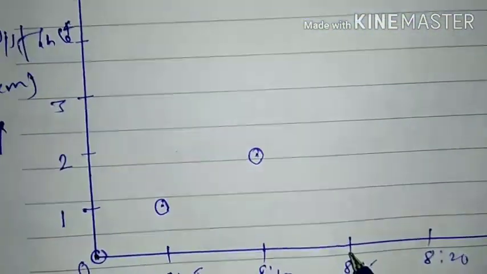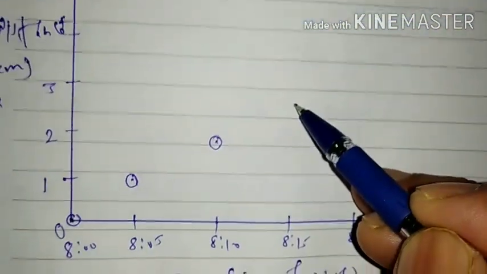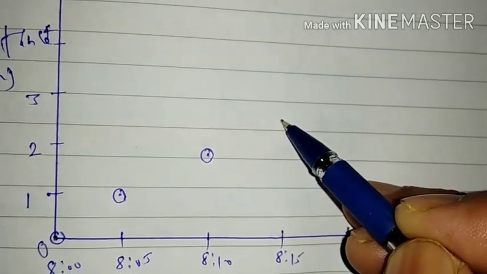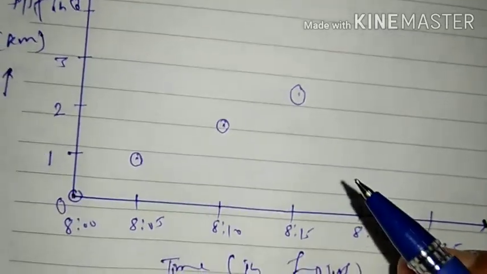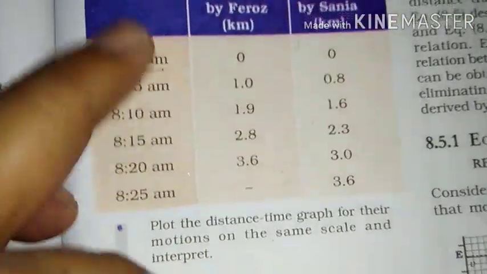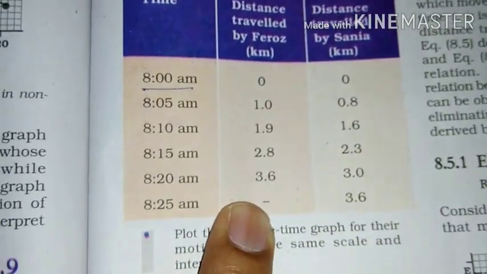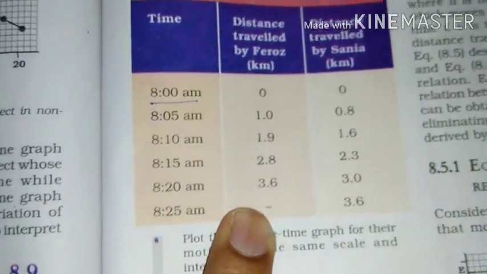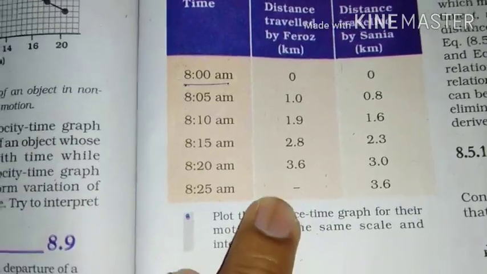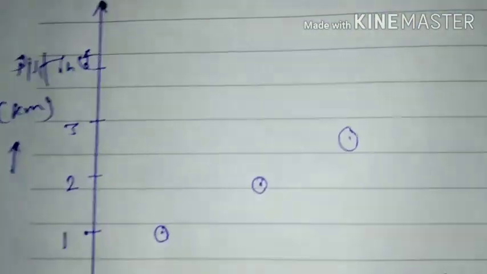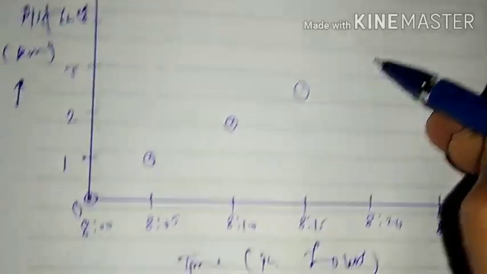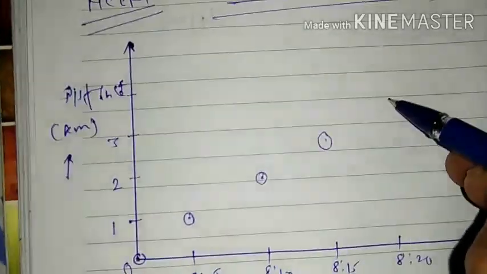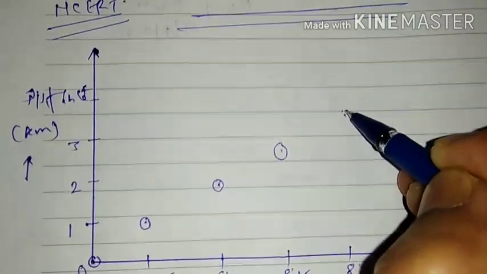So at 8:15, this is 3, so just below 3, it may be 2.8 kilometer. And at 8:20, Firoz has completed his journey, that is, he reaches the destination. So at 8:20, the distance traveled by Firoz is 3.6. Suppose this is just below 4, so 3.6.